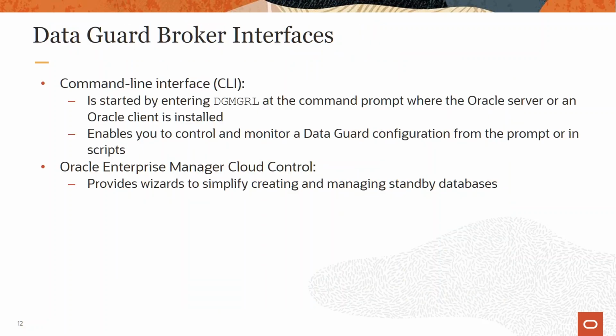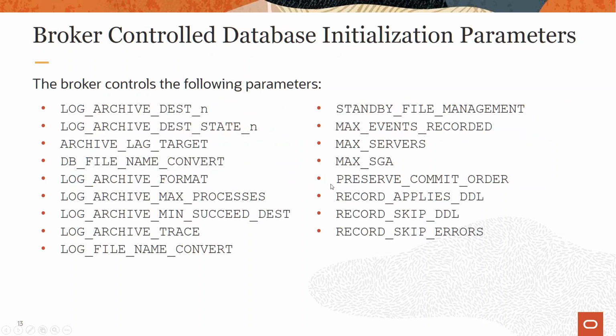From the administrator's point of view, we can use the command line interface as a good option to start Data Guard broker, and also to run commands. And you can also use a GUI that is integrated with the Data Guard broker command line interface.